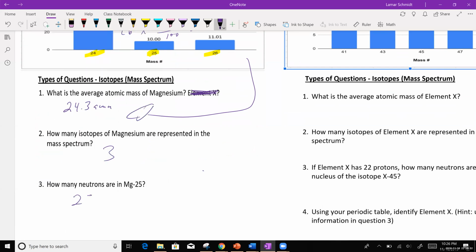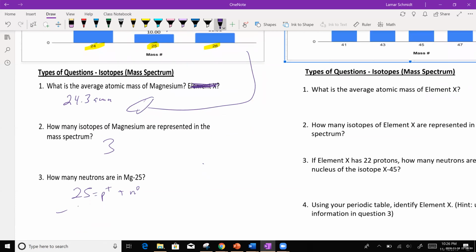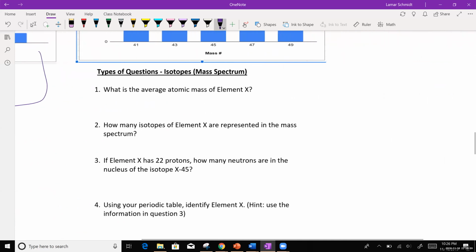That means it has 25 protons plus neutrons. So if we subtract the number of protons, and magnesium has 12 protons, then we should get 13 neutrons. And that's how you get that.